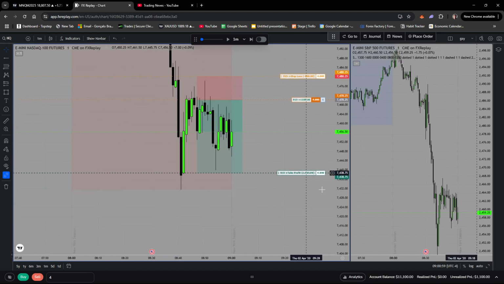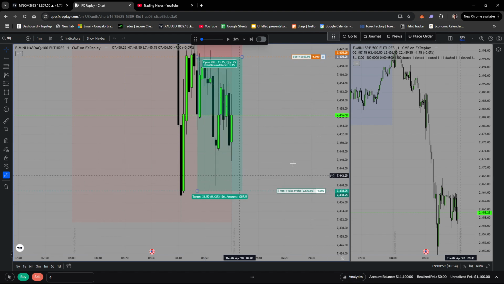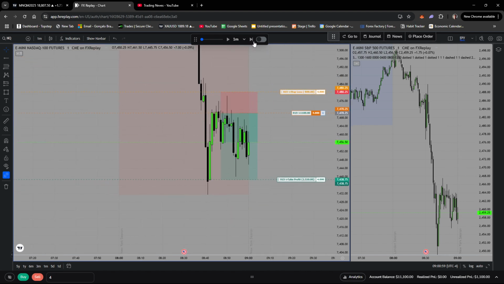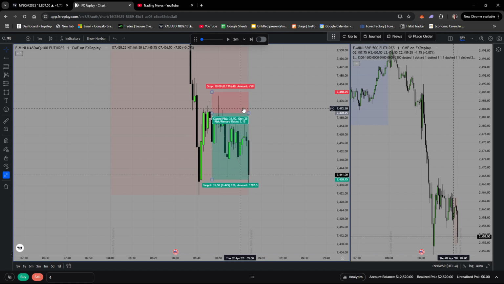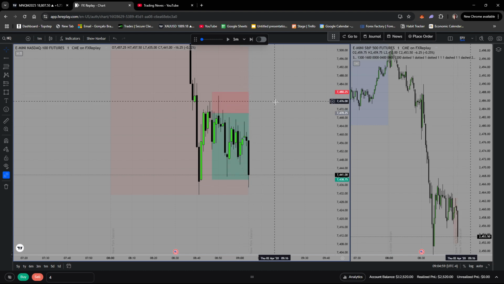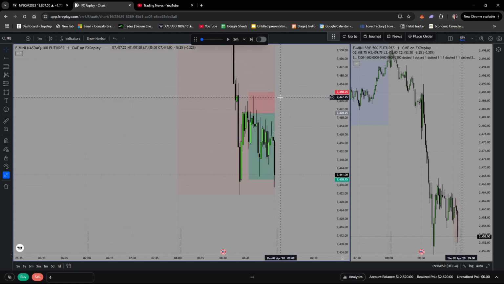Okay, we came very close to that take profit then. Boom, smash. So we got 3.15R on that second position.